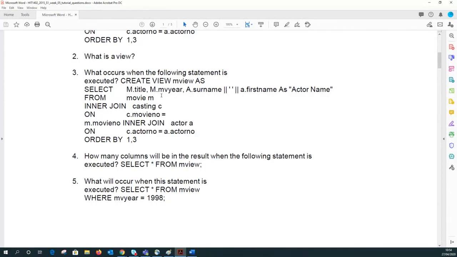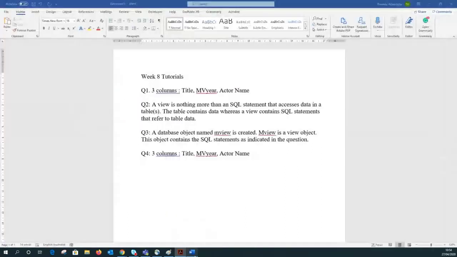It joins three tables together and produces every single row from our movie table, actor table and casting table. But here we are filtering: we put the condition, we eliminate the rows, and we want the rows which satisfy movie year equal to 1998.